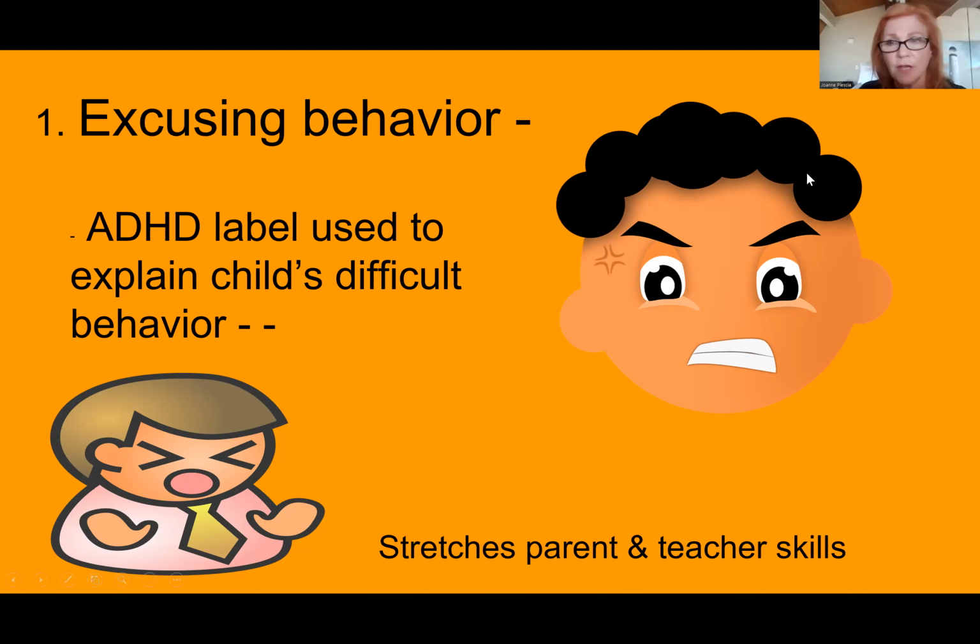So educators have to really take a look at that carefully with parents to make sure this is really ADHD and not something else that we need to address. The other thing is ADHD for kids who are very, very hyperactive can really stretch parents' and teachers' skills. And that's why it's so important that they work together. Next slide, please.